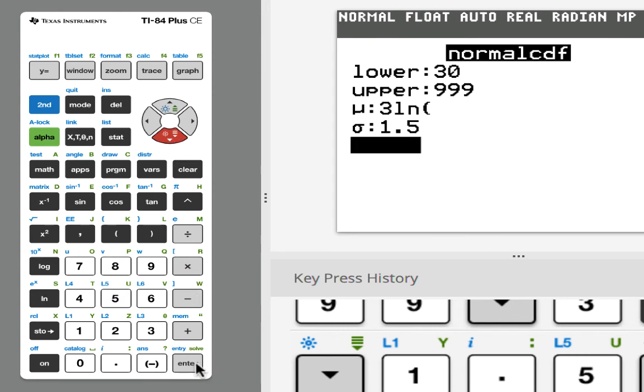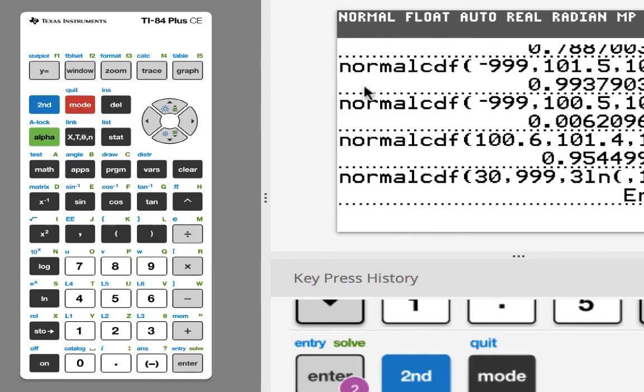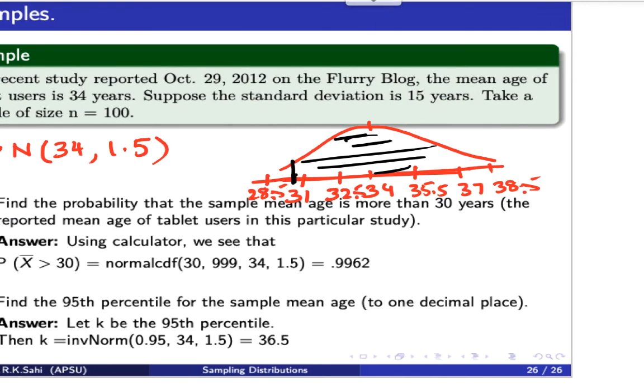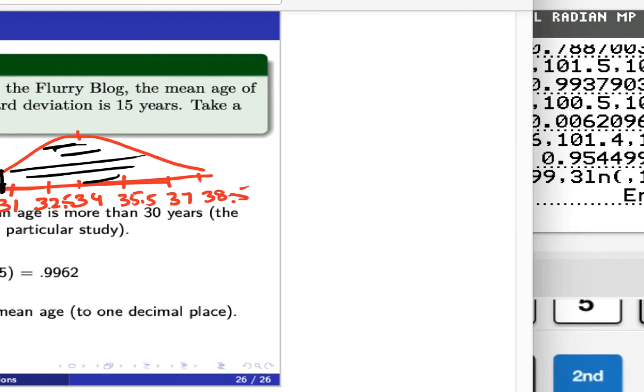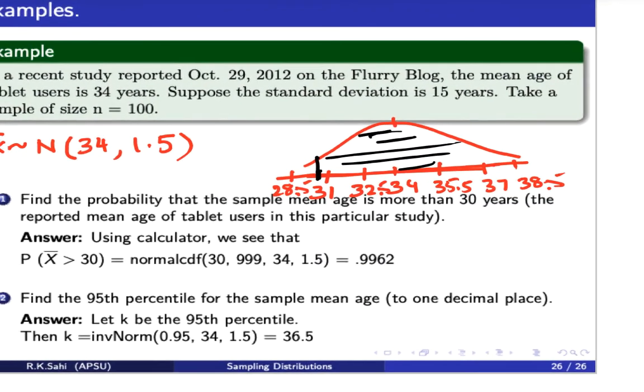Cursor to paste, enter, enter. Oops, I made a mistake. Let's go back. What was the mistake? Let's do it again, guys. You see the mistake, guys? It just did not work. Okay. That's okay.